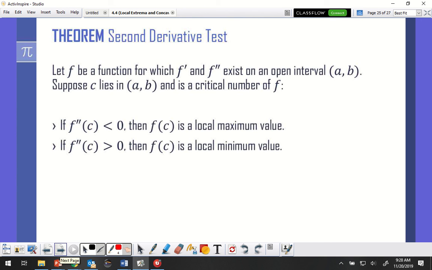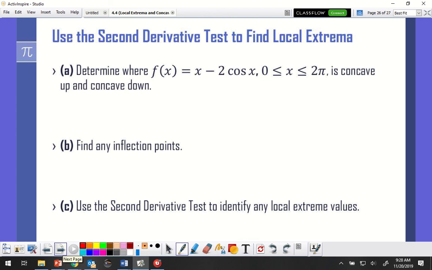Let the function f have f prime and f double prime exist on open intervals. Suppose c lies in (a, b), a critical number of f. We've talked about the gang signs already. Determine where this is going to be concave up and concave down.